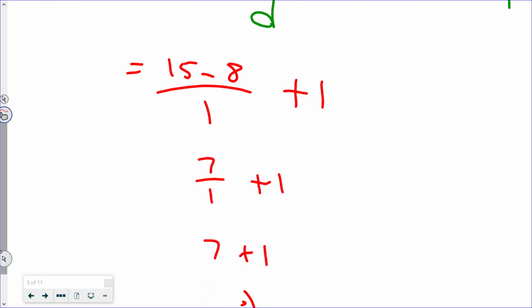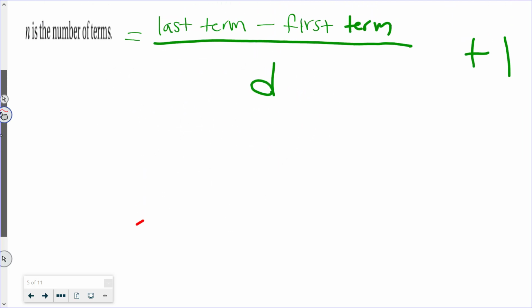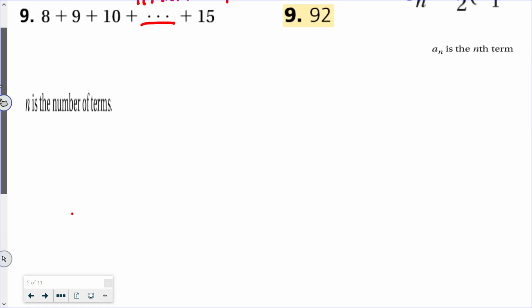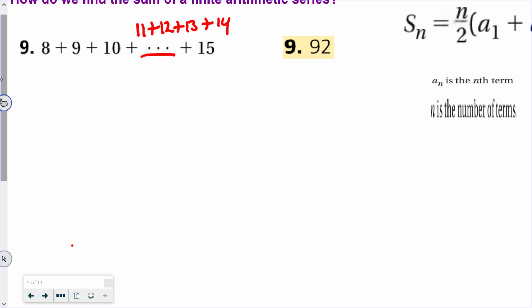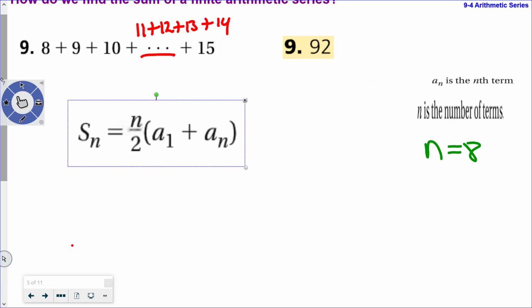All right. So we did all of that to figure out the number of terms. So n, the number of terms, equals 8. So now we'll take our formula.